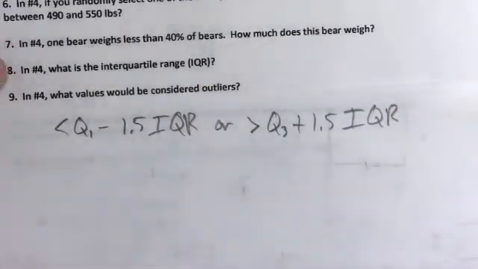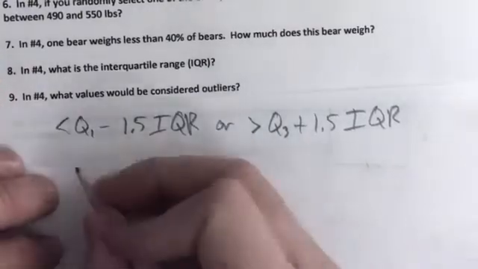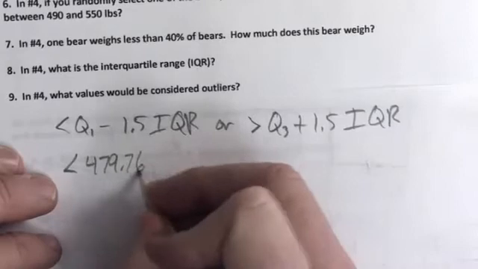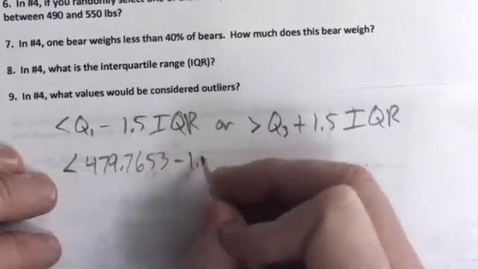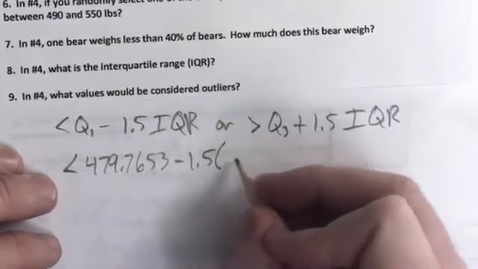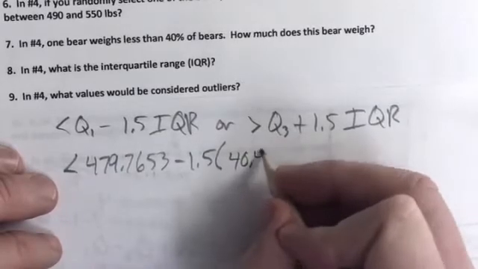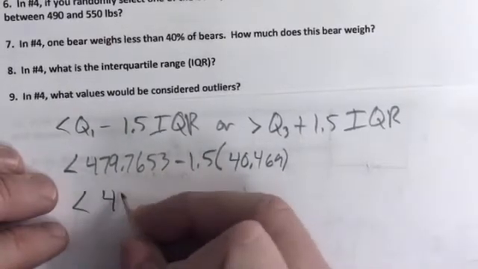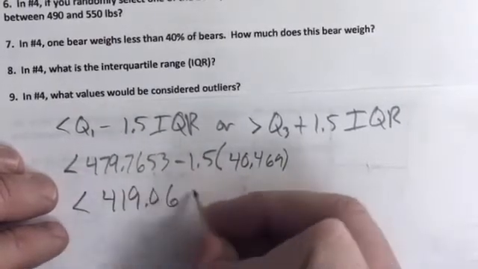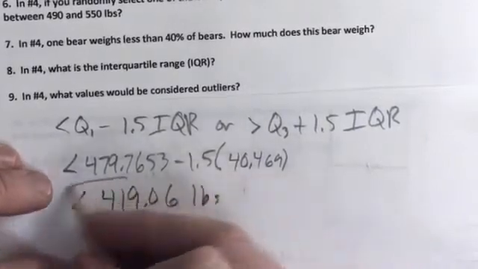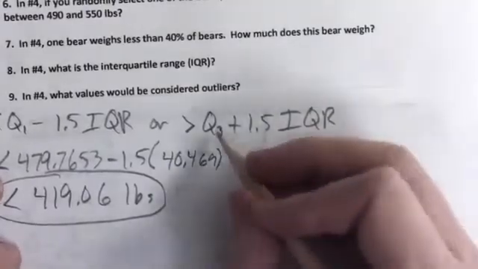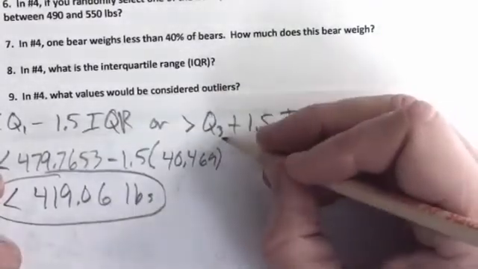And so Q1 is like 479.7653 minus 1.5 times 40.469, I do believe. Okay, and so when you do the arithmetic there, it ends up being anything less than 419.06 pounds. So anything below that would be considered an outlier, or anything greater than this.